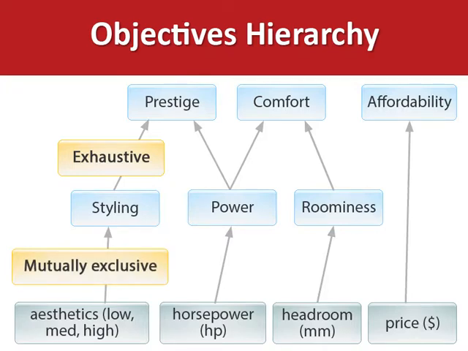Also, when we look at the attributes, the measures, you want to make sure that they're mutually exclusive, that you're not measuring the same thing twice, because if you do, that's really double weighting that thing. So you want a clean objectives hierarchy that's exhaustive and mutually exclusive.